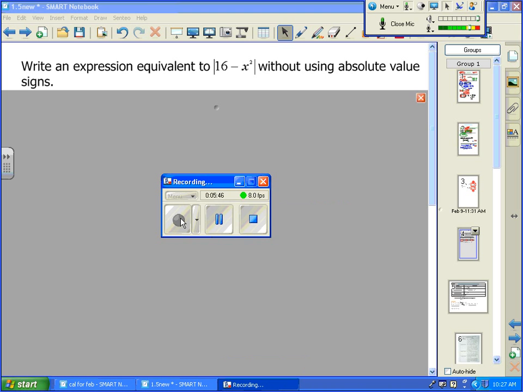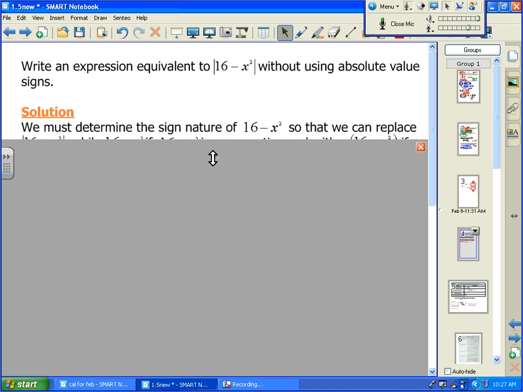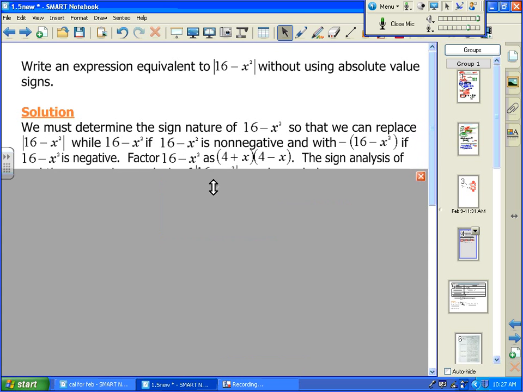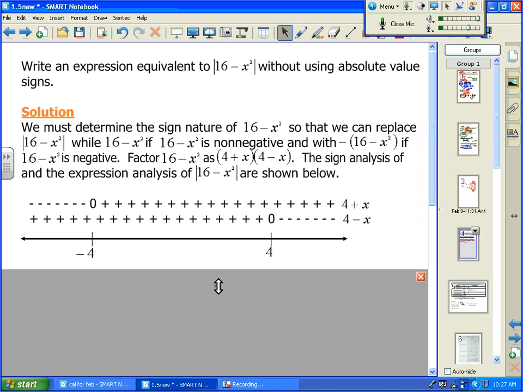We're going to get going on this one. What I did when I factored this, I got 4 plus x and 4 minus x. Okay, so I had 2 zeros, negative 4 and positive 4.